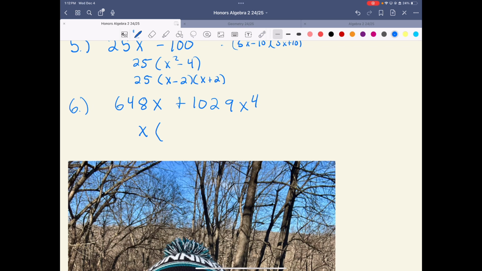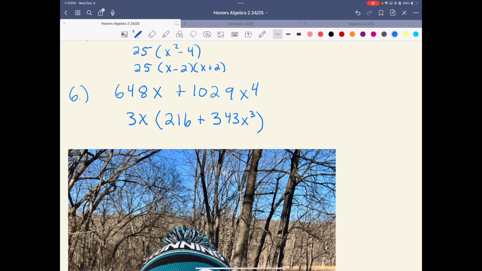So if I take 3x out of there, that gives me 216 plus 1029 divided by 3, which is 343x cubed. Is 343 a perfect cube? 7. Okay, so it works.